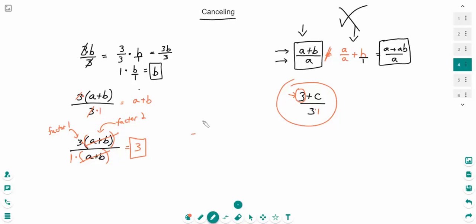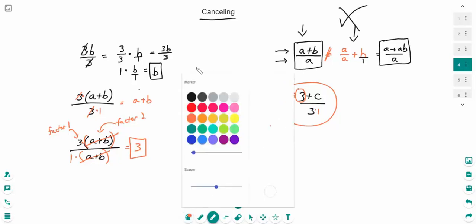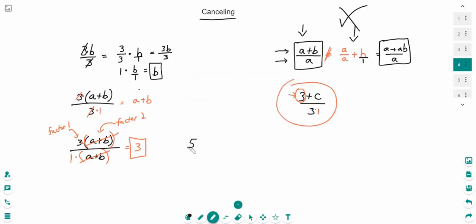If I have something that looks like 5k over k, we can recognize that this is multiplication. These k's can cross out, and we're left with a 5. So we can cross out variables, numbers, or even full expressions if they're the same. The same bucket of expressions. Okay. All right, very good.